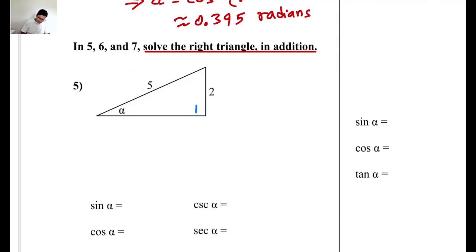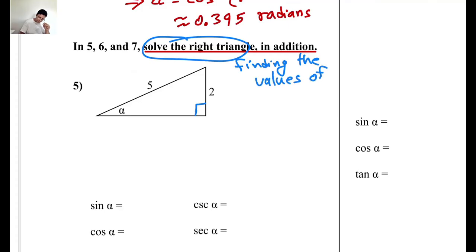Now, solving the triangle means what? Solving the triangle means finding all 6 things of the triangle, by the way. Solving means finding the values of all 3 sides and all 3 angles.